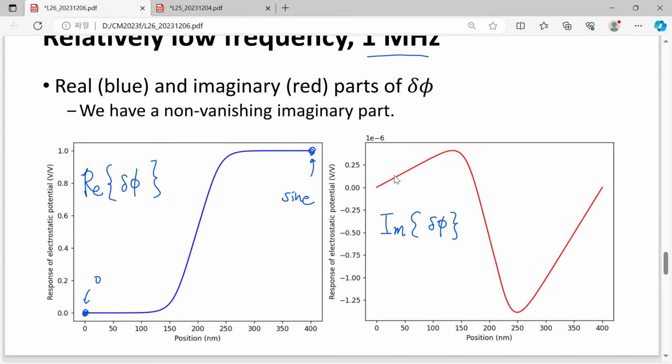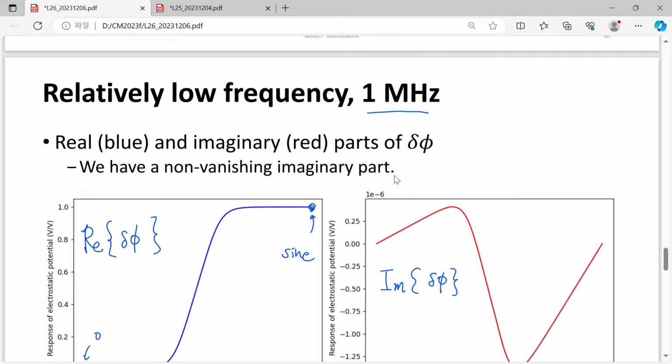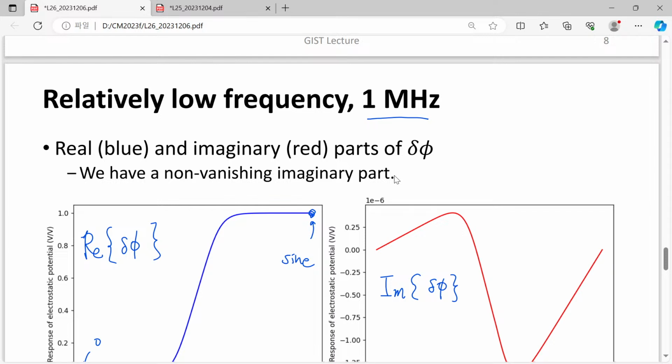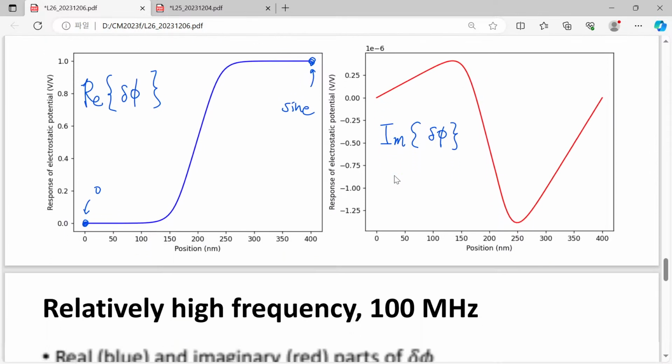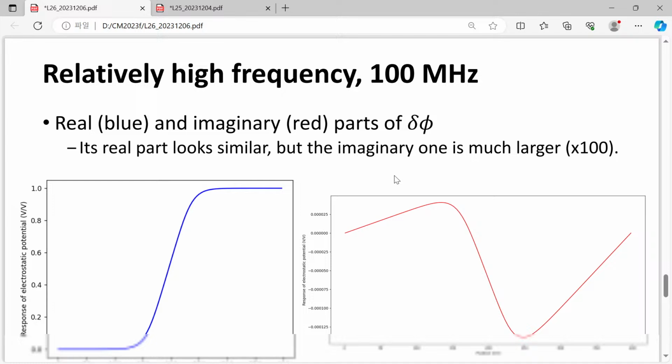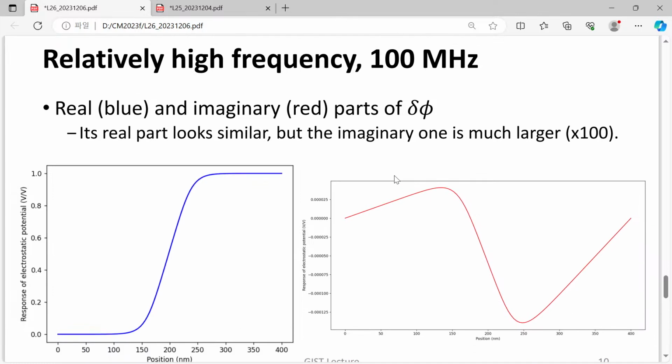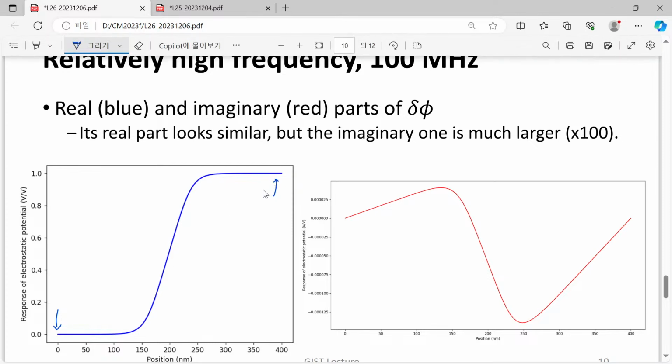profile. And now let's go to 100 times higher frequency. Now we have 100 megahertz, but even in this case, we cannot see much difference in our real part. Even this 100 megahertz is not high enough to change its real part.